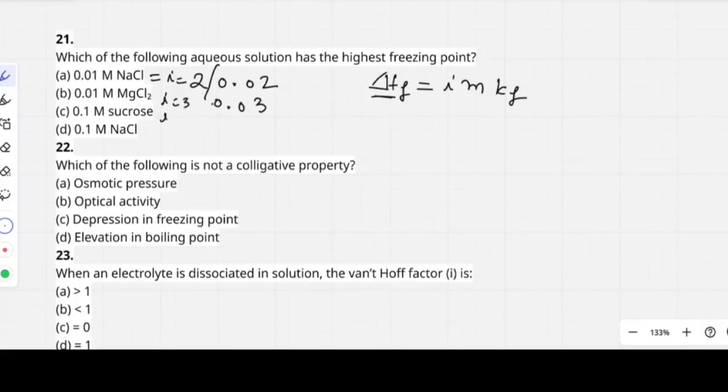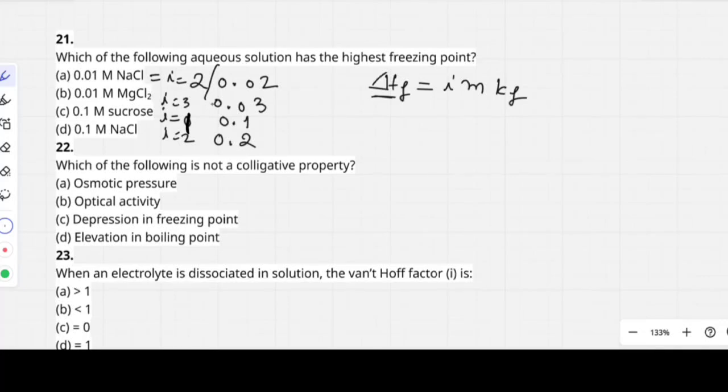Here i is equal to 1, since sucrose does not undergo either association or dissociation, so delta Tf is 0.1. For NaCl, i is equal to 2, so 0.1 into 2 is 0.2, and 0.01 multiplied by 2 is 0.02.